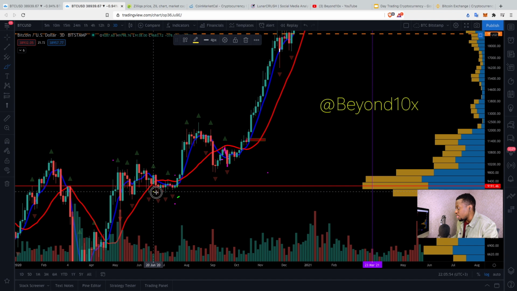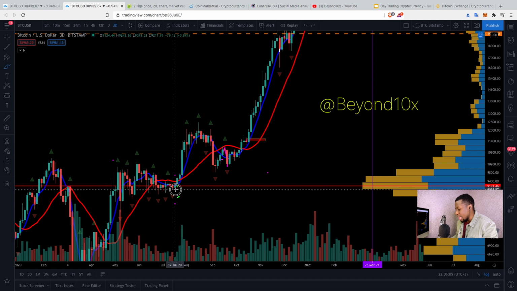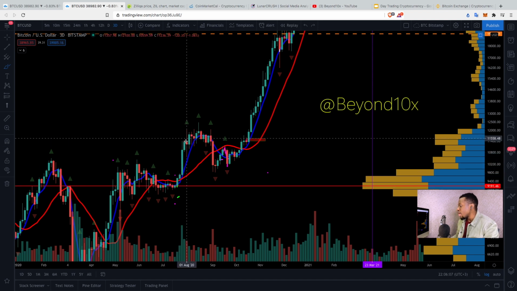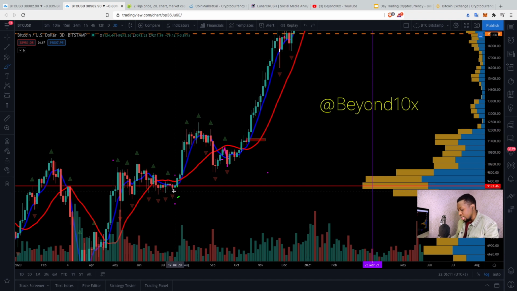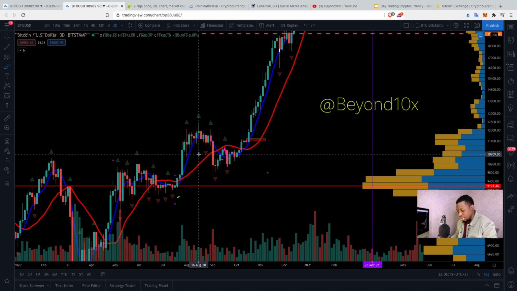I think this is a very good example because it is bound in a specific range where the price pinpoints from one end to the other, goes back and forth, and then finally blasts through and gets into a trending market. So this particular trading action right over here is a trending market.